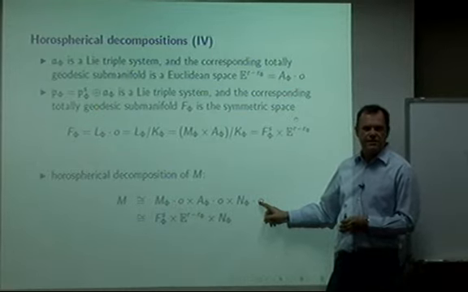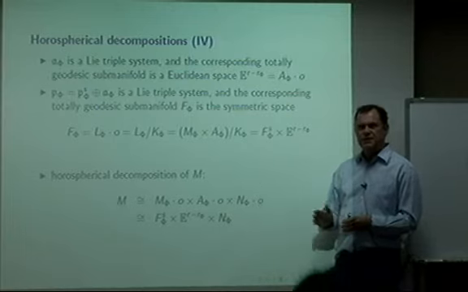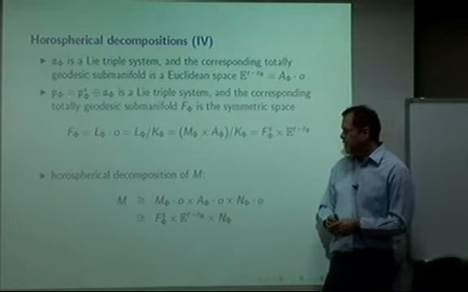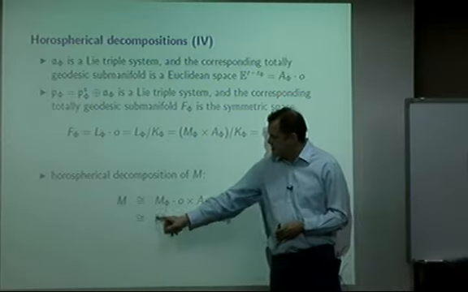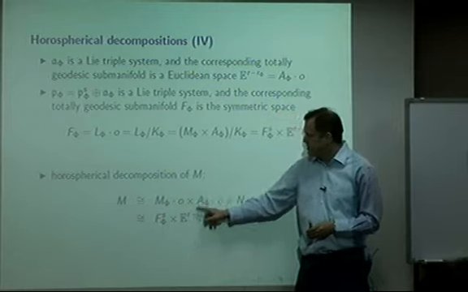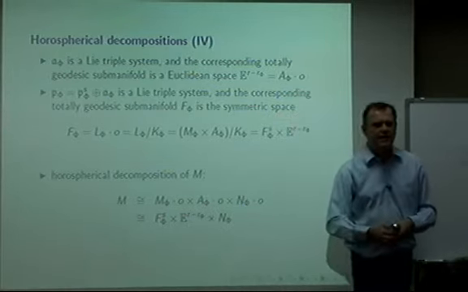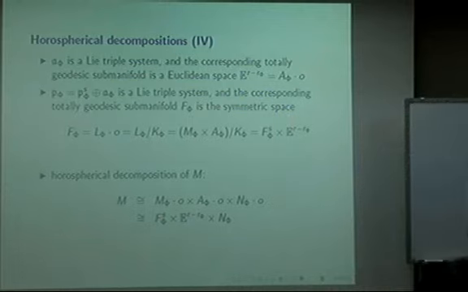This is the horospherical decomposition of a symmetric space associated to the subset phi. Or in terms of manifolds, this is our symmetric space of non-compact type, this is the Euclidean space, and then this here is a kind of horocycle, a nilpotent group.